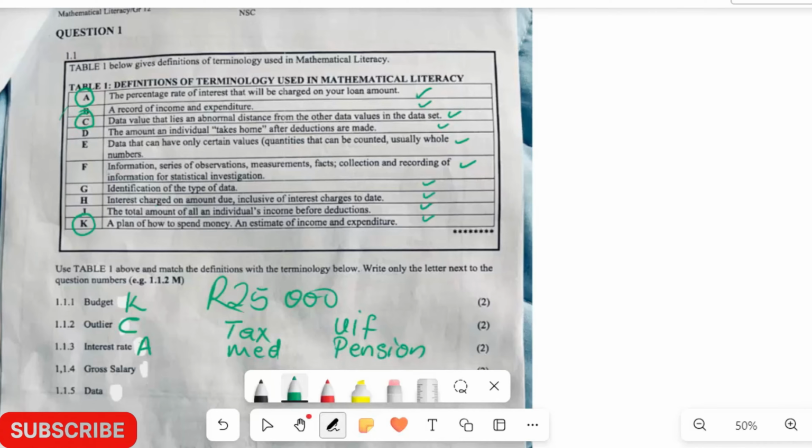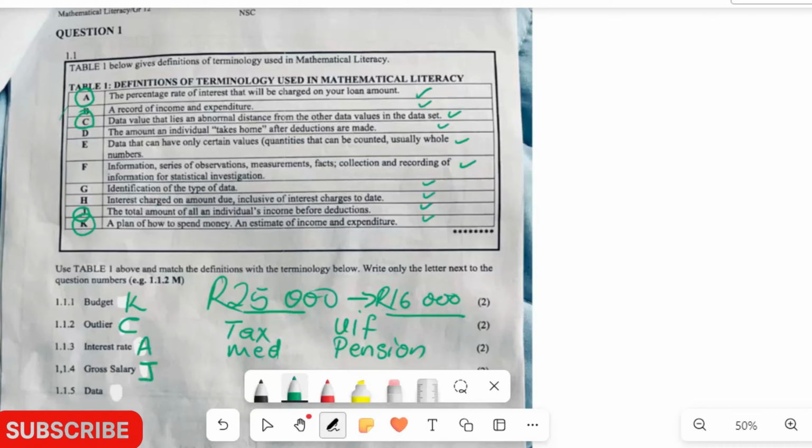And after deducting, let's say you are left with 16,000 rands. So 16,000 rands would be your net income. 25,000 rands is your gross income, because the gross income is before deduction. Net income is after deduction. So what definition would best suit gross salary? It is I, the total amount of all an individual's income before deduction. That is I.